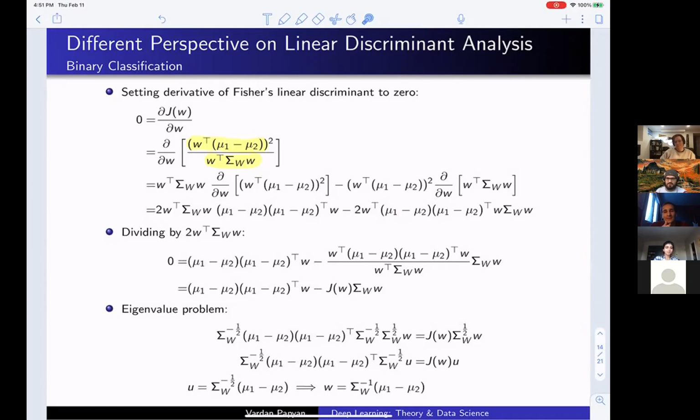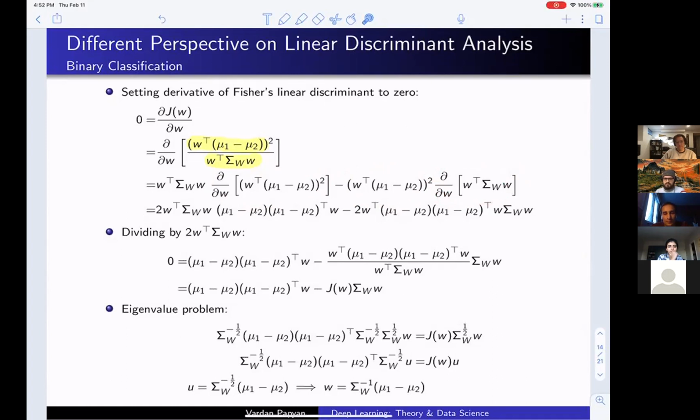Now, at this point, we want to derive this quantity, right? So how do you derive this quantity? This is the usual derivative of a ratio. So you just copy the bottom and derive the top, minus the derivative of the bottom multiplied by the top, divided by the bottom squared.